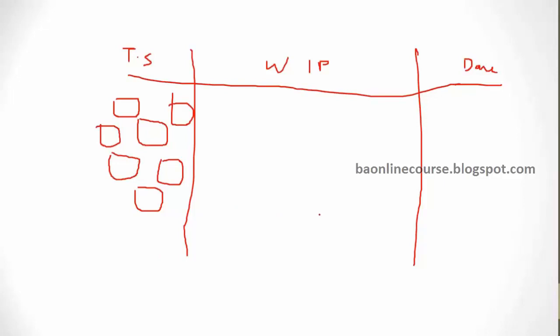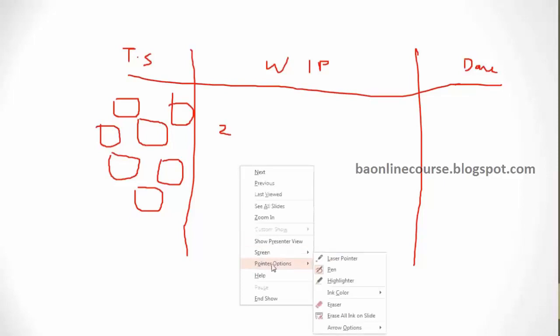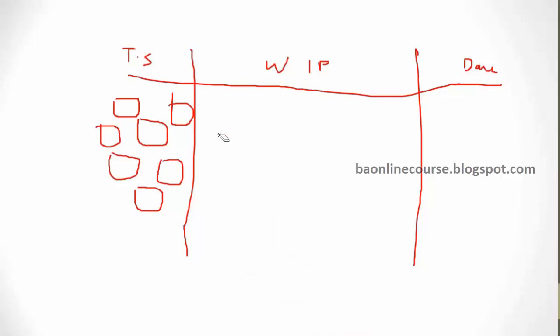So requirements for all the 7 might have taken us, let's say, 2 months, or let's keep it simple, 1 month. 1 month for requirements, 1 month for design, 1 month for development, and 1 month for testing. So for developing these features, you would have spent some 4 months to complete this in a waterfall model.